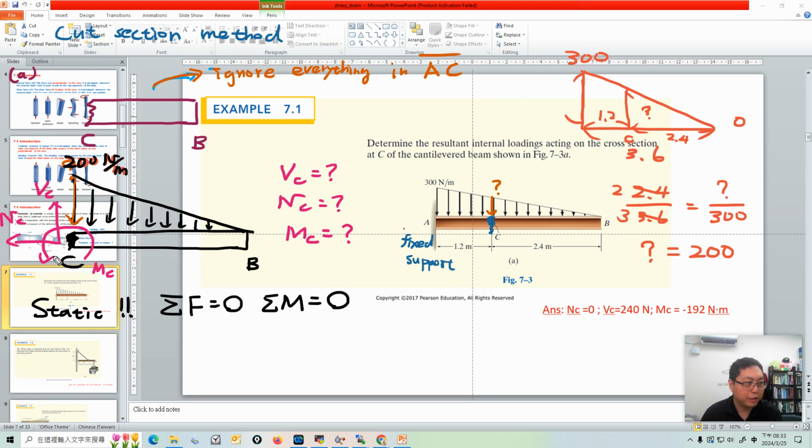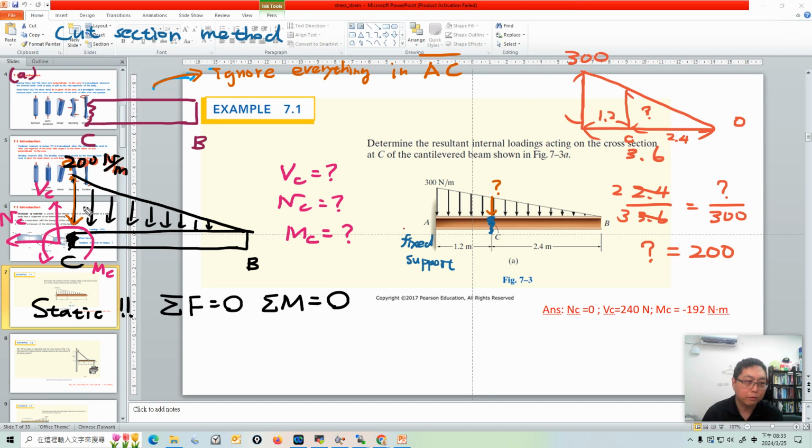The next question is, this is a distributed load here, and we need to do the simplification of the distributed loading. How do we do the simplification of this distributed loading?